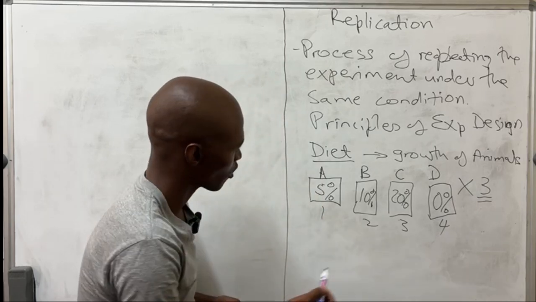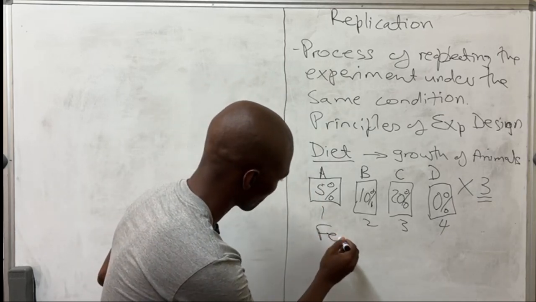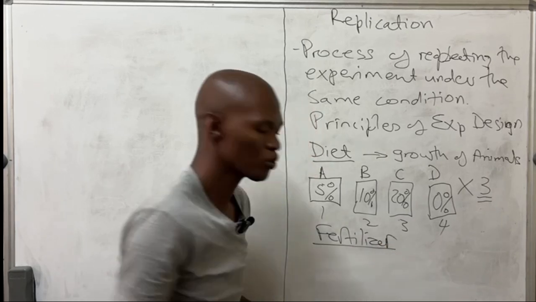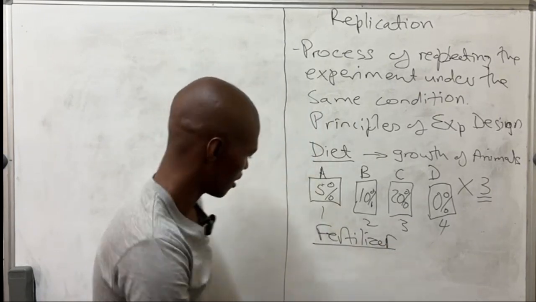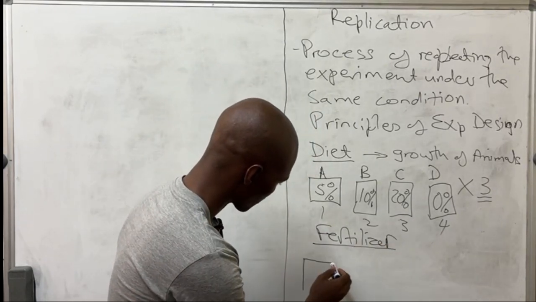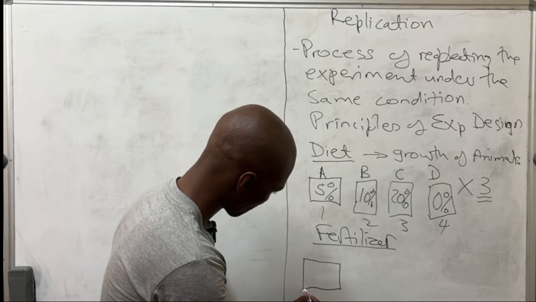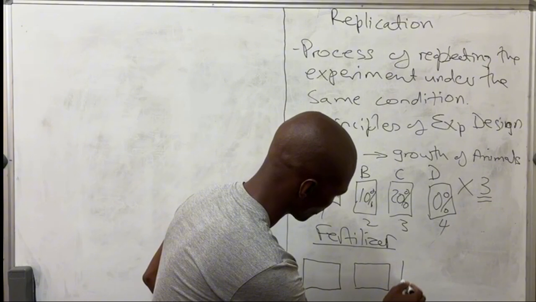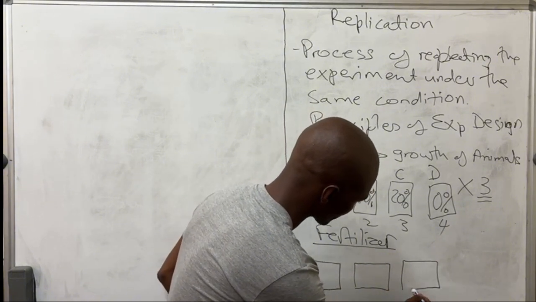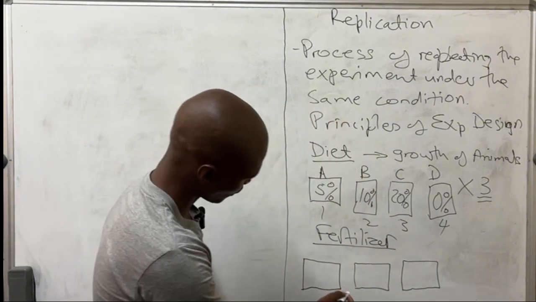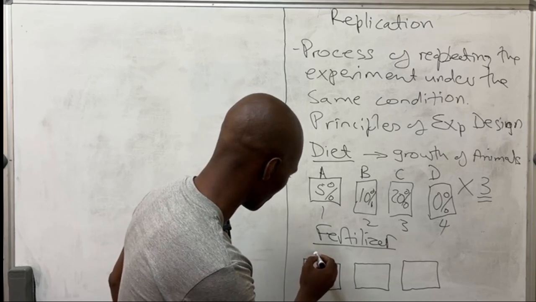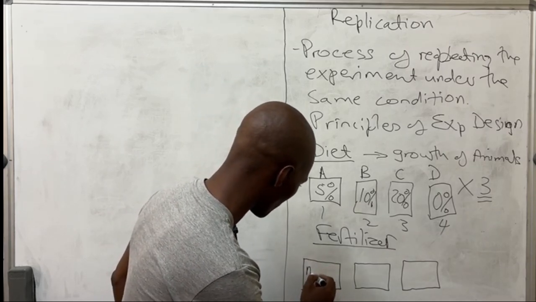For example, we can go for an example from plant science, whereby you want to know the effect of fertilizer. You will have different plots where you are planting. Plot number 1, plot number 2, plot number 3. In plot number 1, let's say you put manure.